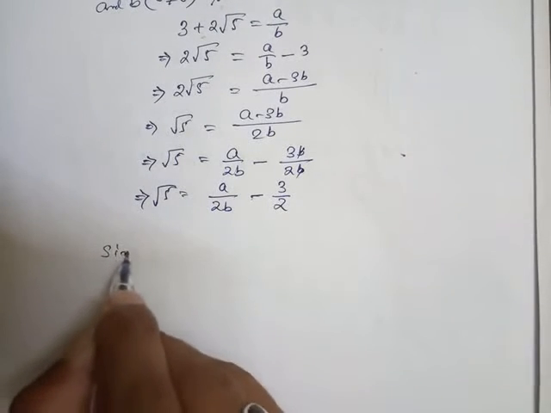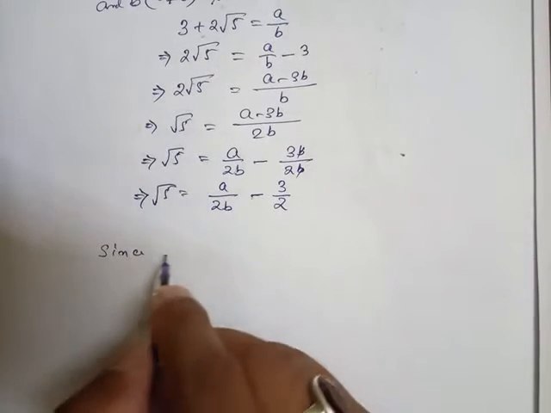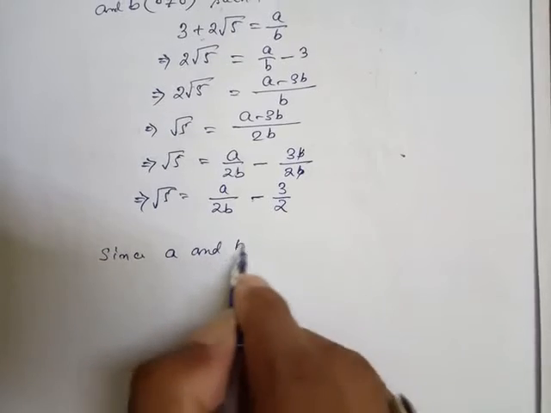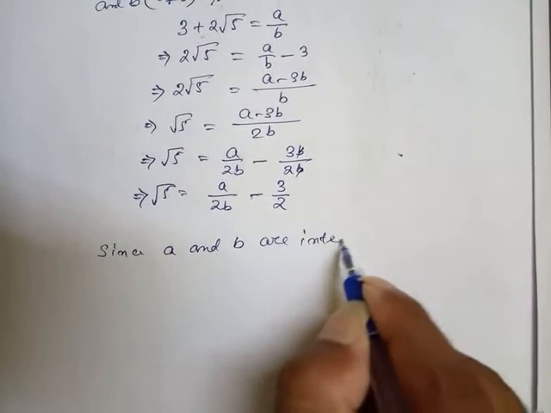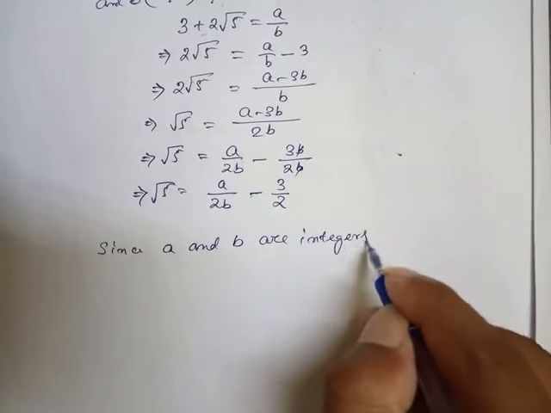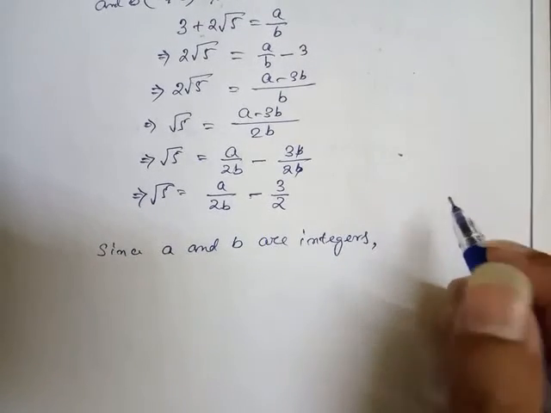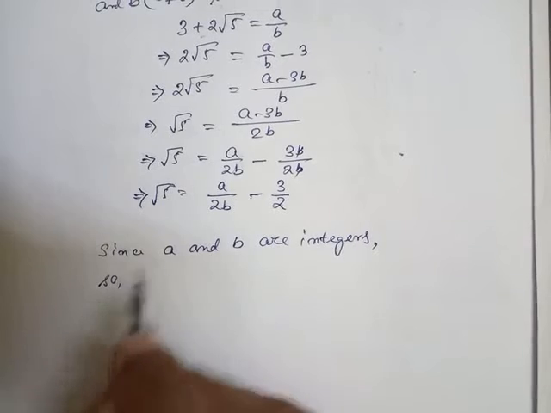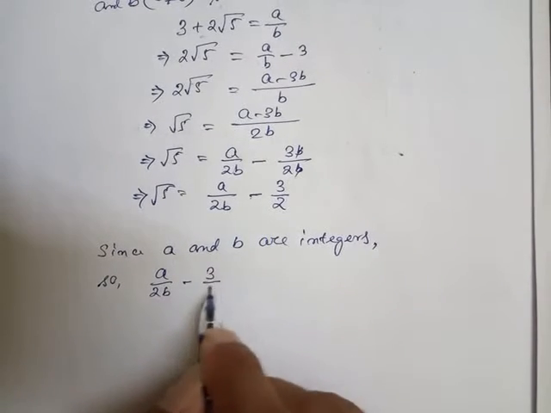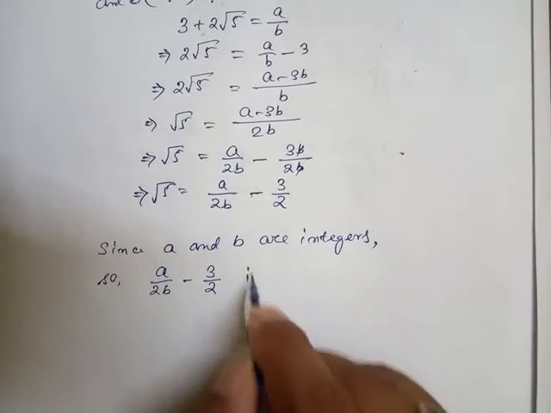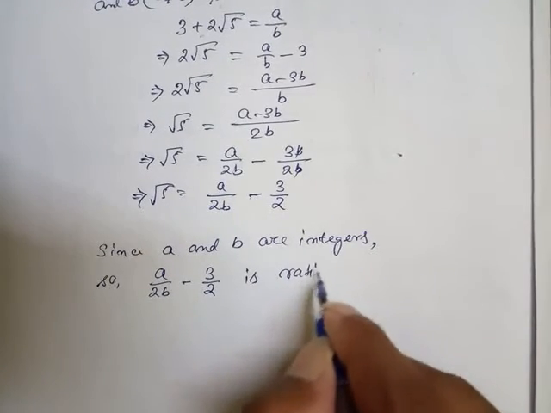Now in the next step we will write here that since A and B are integers, A by twice B minus 3 by 2 is rational.